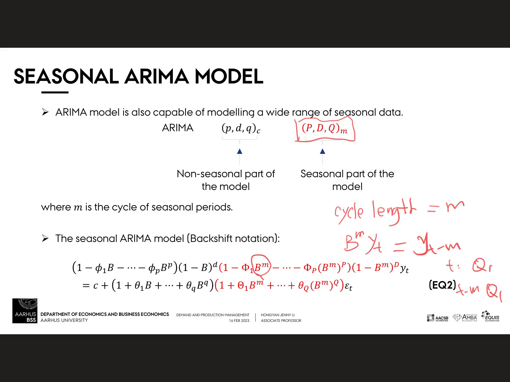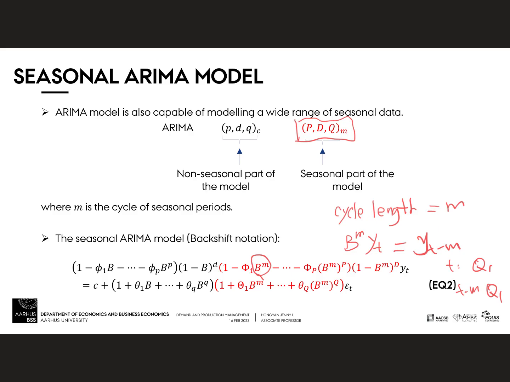So basically, we are talking about overlapped ARIMA models. One part is for moving average and autoregression. Another part is particularly for seasonality. The model now becomes very complicated.